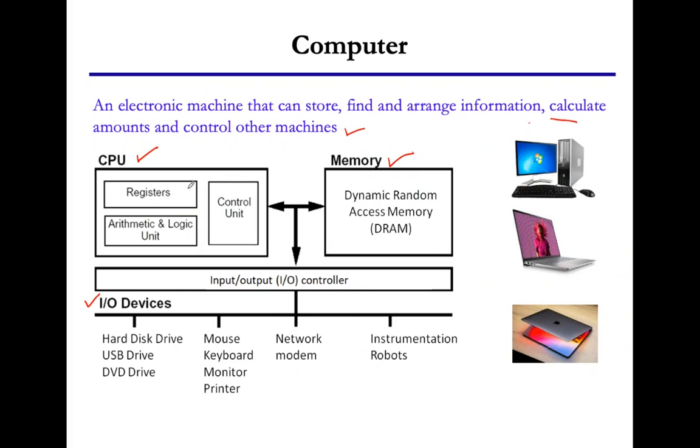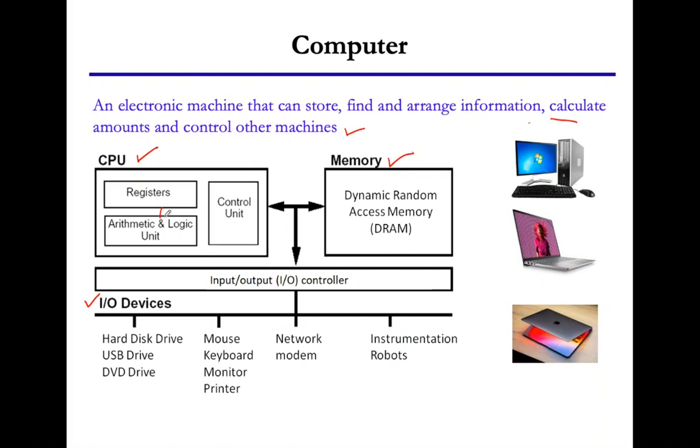It consists of registers, a small amount of memory used for processing the data, and whatever data is there in the registers will be fetched and utilized by another unit in the CPU called the arithmetic and logic unit.